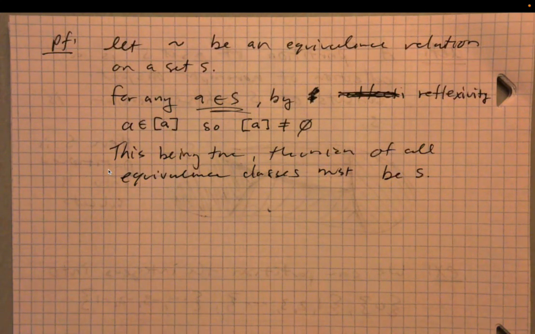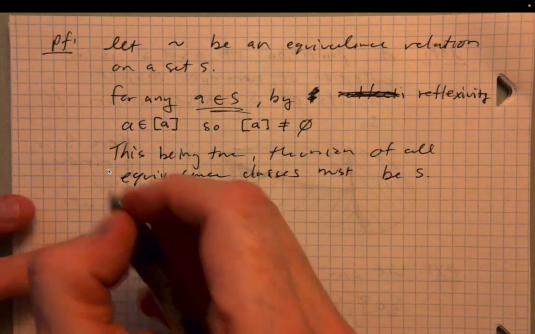So remember, the definition of the partition was what? It's a collection of non-empty disjoint subsets whose union is S. So we've shown that the subsets are non-empty, and that the union of all of these equivalence classes is S. Now what we need to show is the disjoint piece. That's the part we haven't shown.